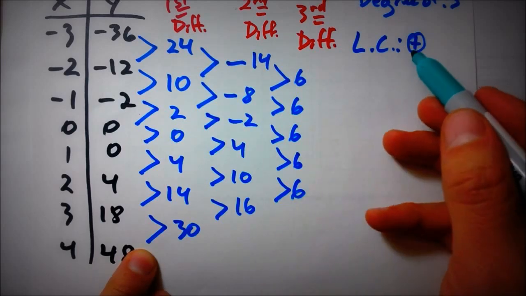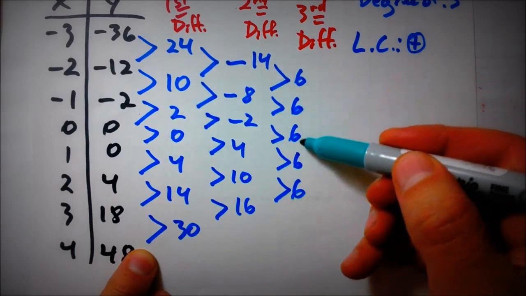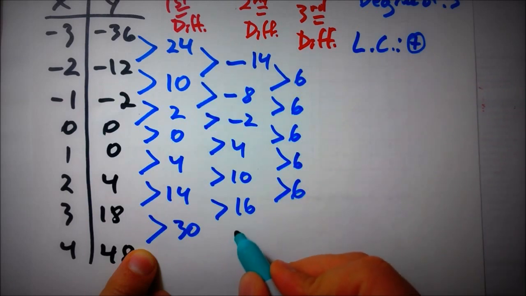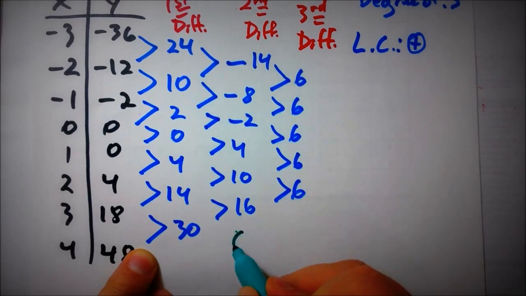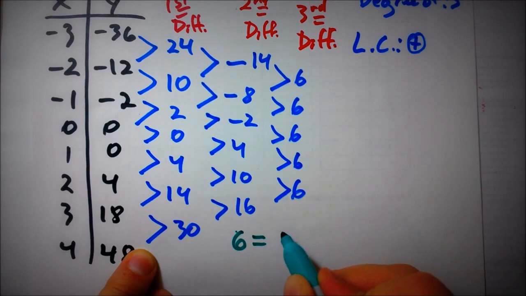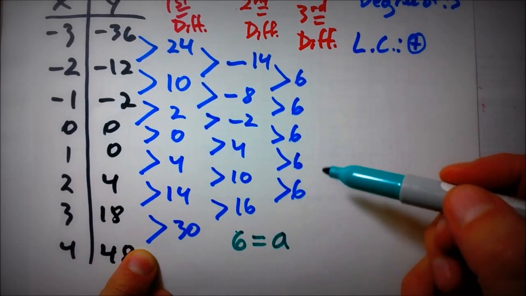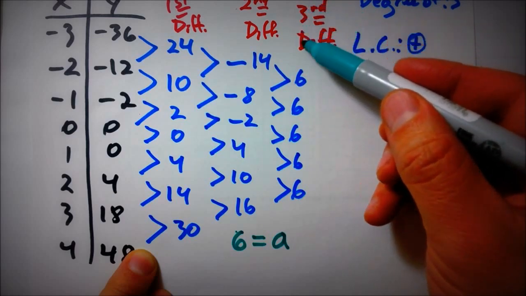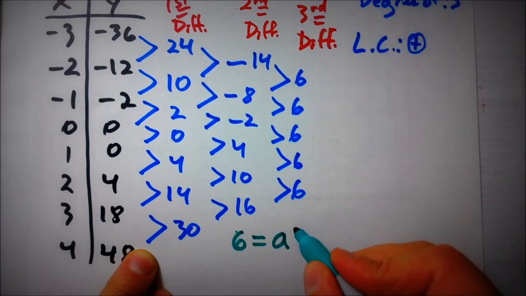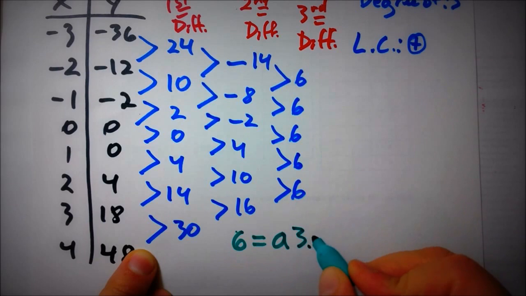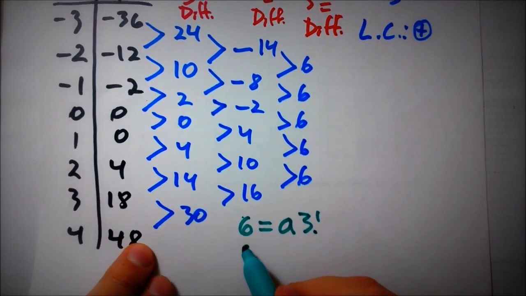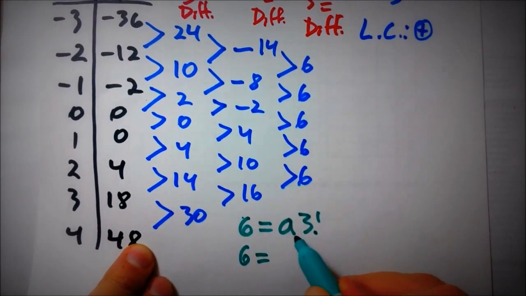The finite difference is 6, so let's write down 6 over here. It's equal to the leading coefficient times n factorial. Now n is going to be the degree of the function, so in this case it is 3 factorial. So 6 equals a times 3 factorial. This becomes 6a, because 3 factorial is equal to 6.